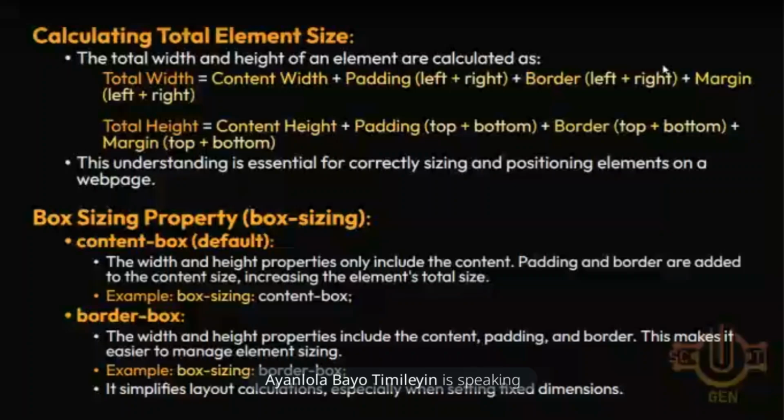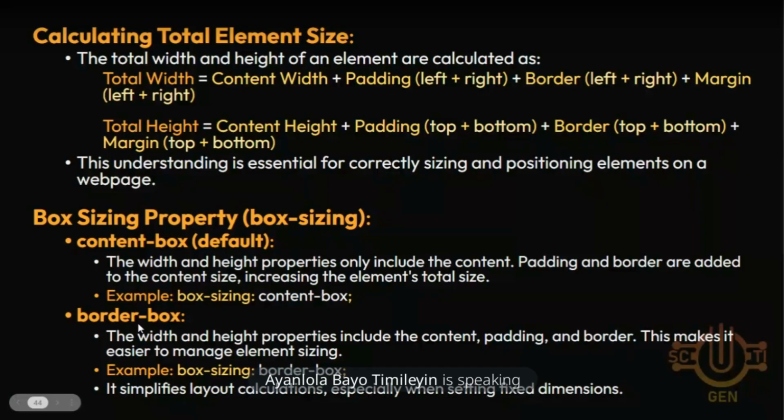So we have box sizing property in CSS. So box-sizing, and it has two values. That's content-box, which is the default, and then we also have border-box.